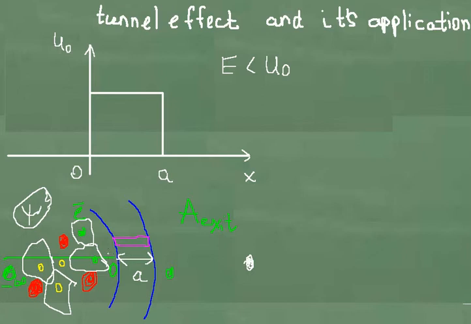And the selection in this one-dimensional case can be understood as having some forces, for example, in the radial direction.